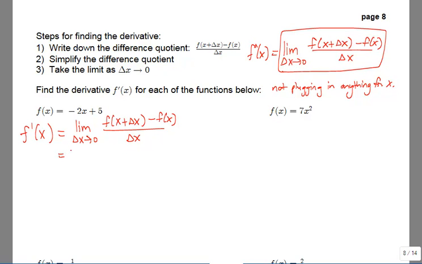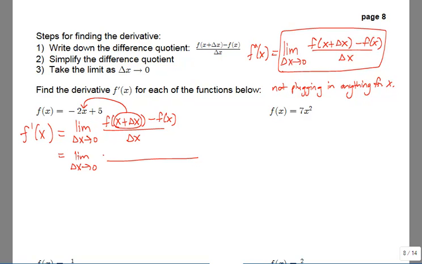So we're going to apply this to our particular function. So we're going to be taking the limit as delta x goes to 0 of f of x plus delta x. So by now we should know what to do with that. We're going to take this input and we're going to substitute it in for that input variable.